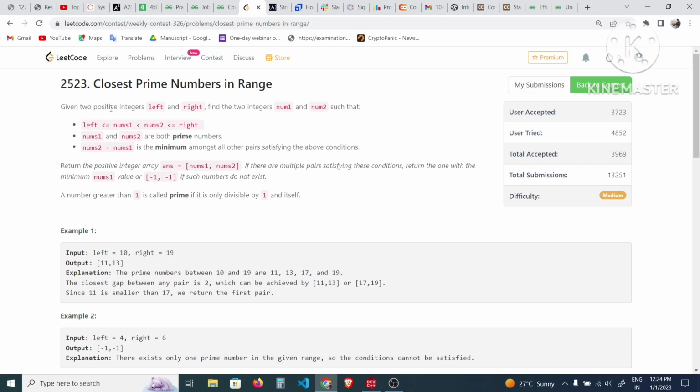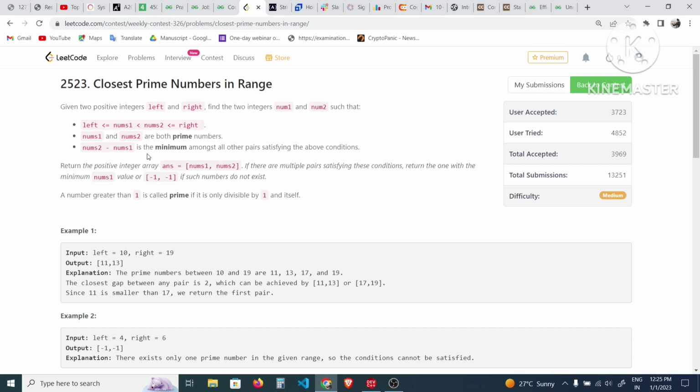You are given two positive integers left and right. Find the two numbers num1 and num2 such that num1 and num2 lie between left and right, including left and right, and num1 should be smaller than num2, and both num1 and num2 should be prime numbers, and num2 minus num1 should be as small as possible.